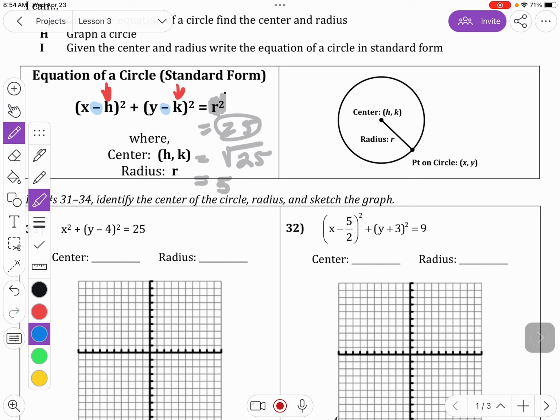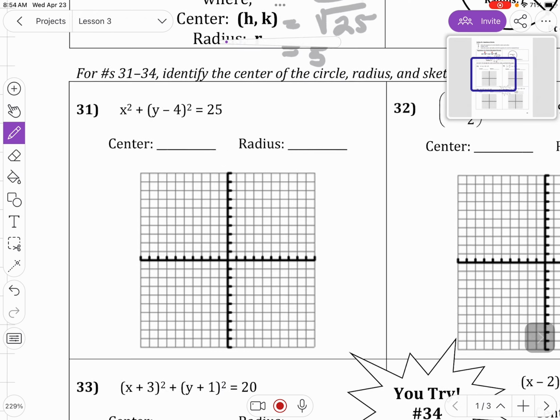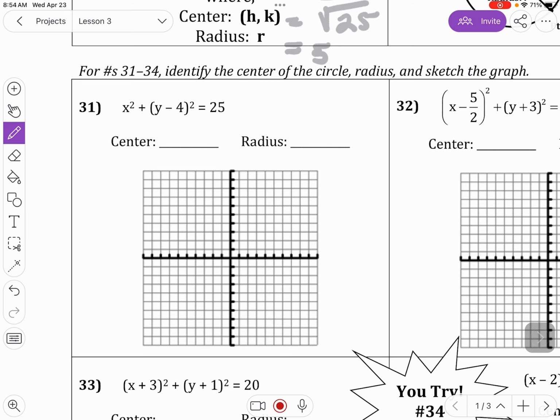So I'll give you an example. Right here it says in number 31 that this 4, that would be the K value, and then there's no value apparently over here with the X, that would be the H value.